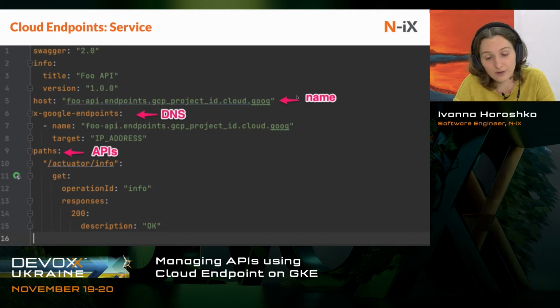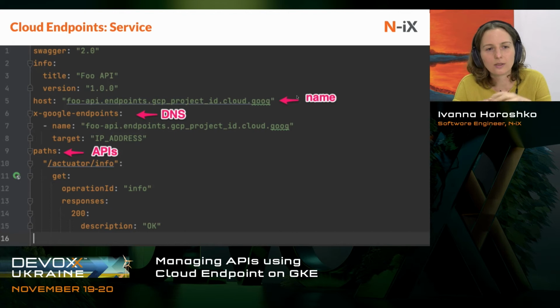It's the name of the Cloud Endpoints service, and it has a special format. First you have the name, whatever you want to put, then endpoints, then your GCP project ID, and then the suffix cloud.goog. That's the standard approach for naming, so you put the first part as you want, and the last part is standard, and you just have to follow it.